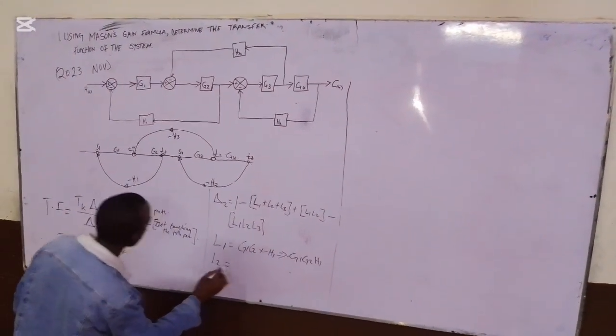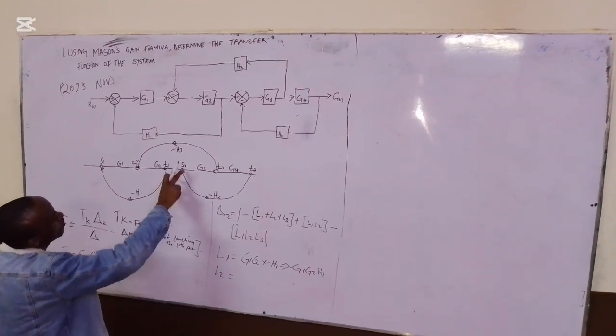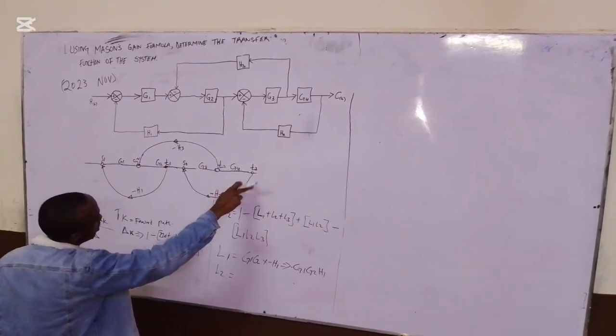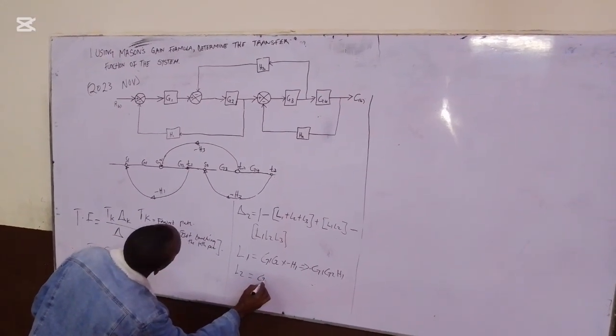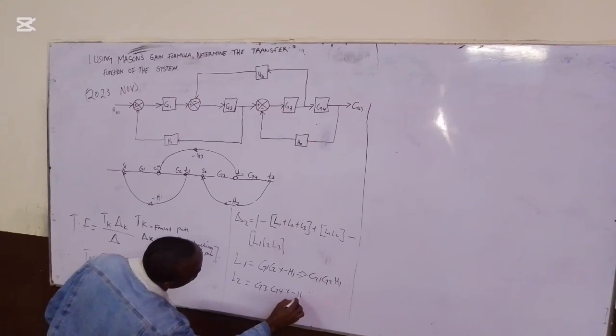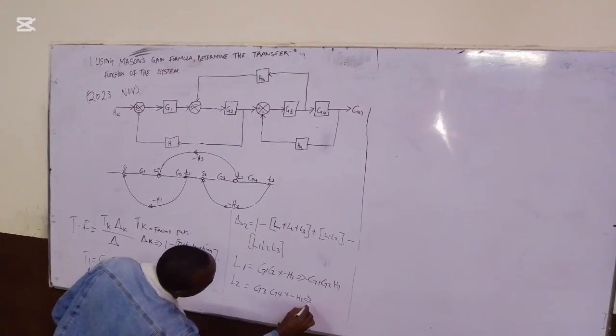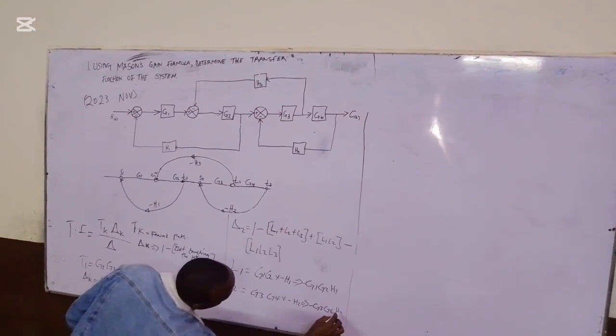Then L2 is from S3 to T3, then back to S3. So it is G3, G4, times negative H2, which gives us minus G3 G4 H2.